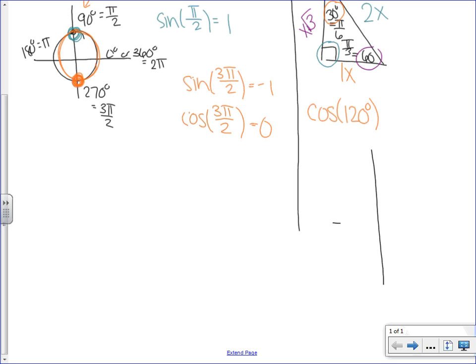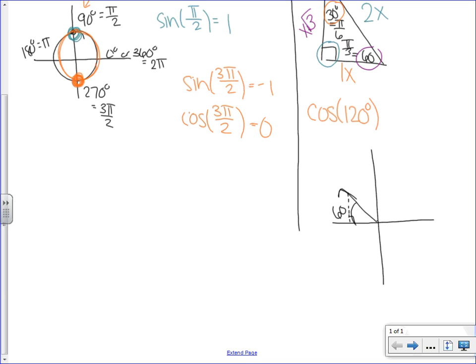But if I look on a graph, 120 degrees is over here in quadrant 2. And that has a reference angle of 60. So if I drop in this little perpendicular, there is my 30, 60, 90 triangle that I do have exact trig values for.